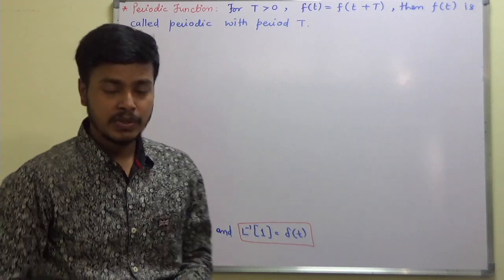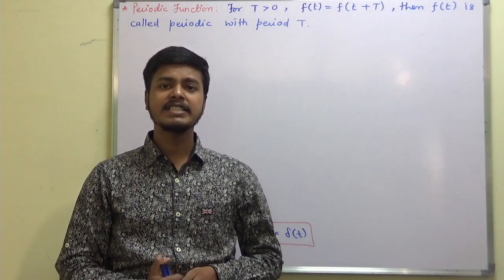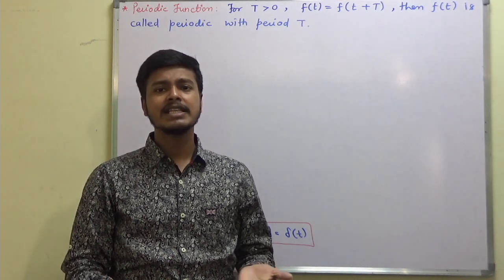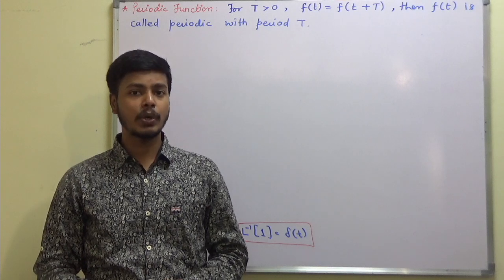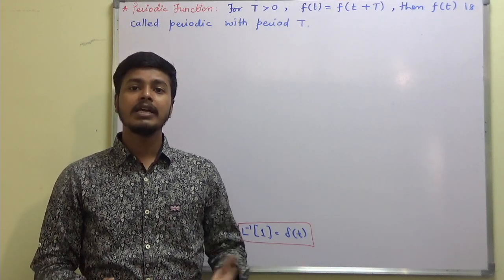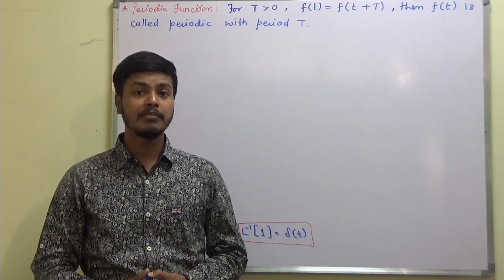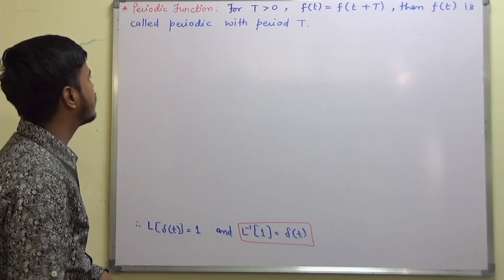And do you know examples of periodic functions? The very simple periodic functions are sine and cosine. The sine function and cos function are periodic functions with period 2 pi. If you talk about tan, it is a periodic function with period pi, and so on. There are so many examples of periodic functions.